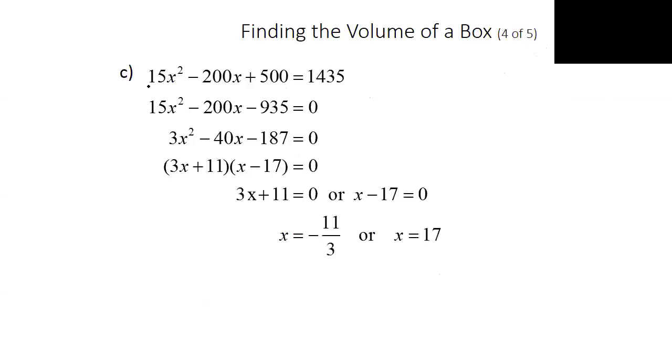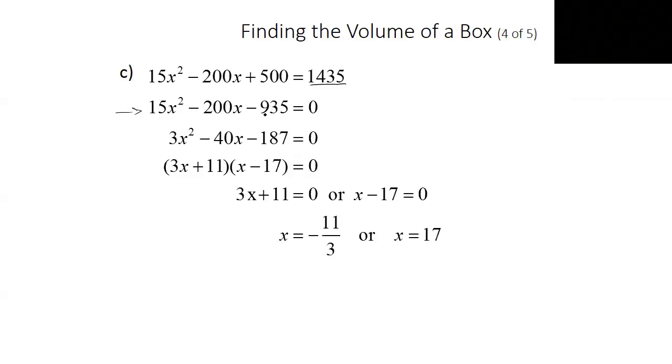So we basically let the volume be equal to this amount that they're giving us, and we simply solve this for x. We move everything to one side of the equation. This is what we need to solve for x. You notice that I can divide each term by a common number here. So we have 15.